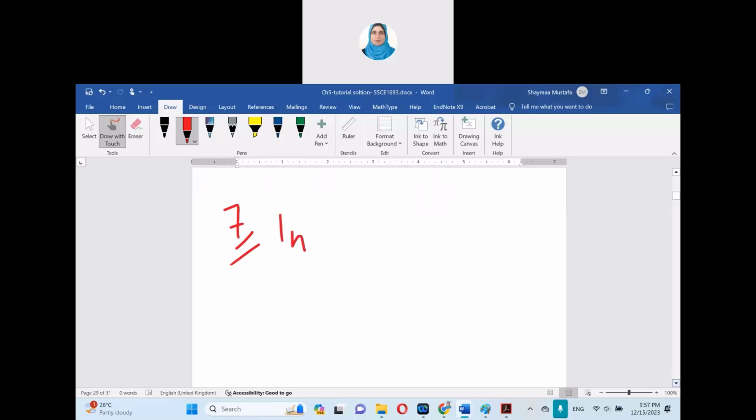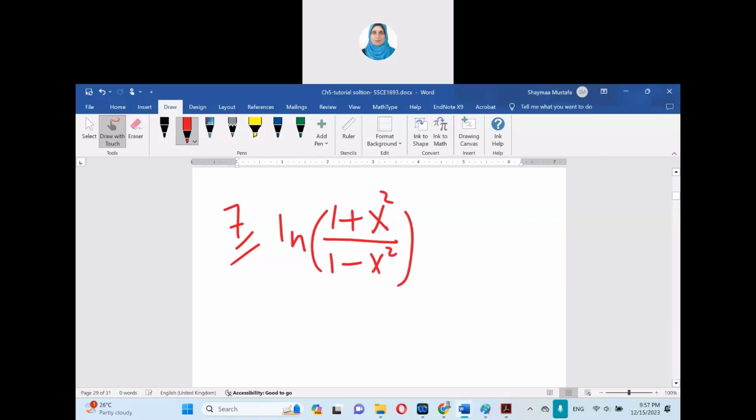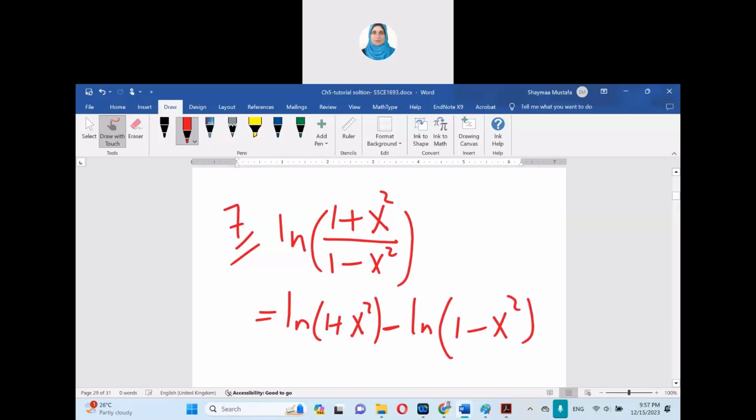Also for question 7, you need to find the Maclaurin series for ln((1 plus x squared) over (1 minus x squared)), which means that you need to find ln(1 plus x squared) first minus ln(1 minus x squared). So you need to find the Maclaurin series for ln(1 plus x squared) and for ln(1 minus x squared), then subtract to find the result.